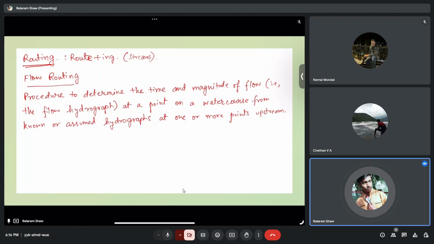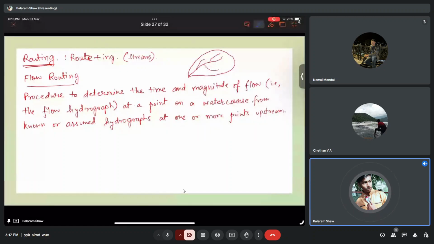If you know the hydrographs at one or more points on the upstream side, let's say you know the hydrograph here, here and here, and you want to do something at this point marked with the black marker, such as making a reservoir on the river.